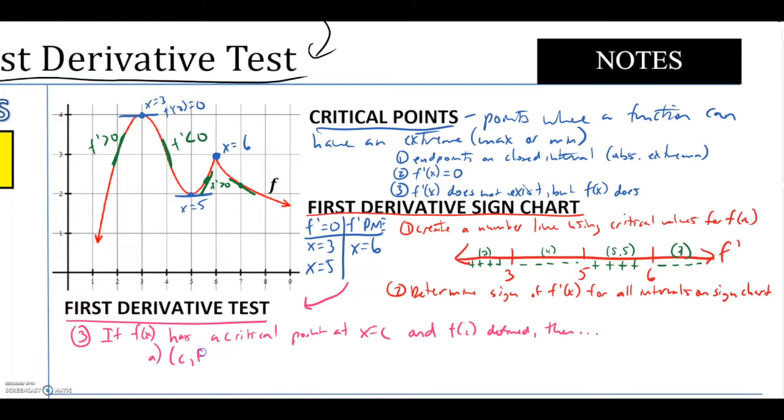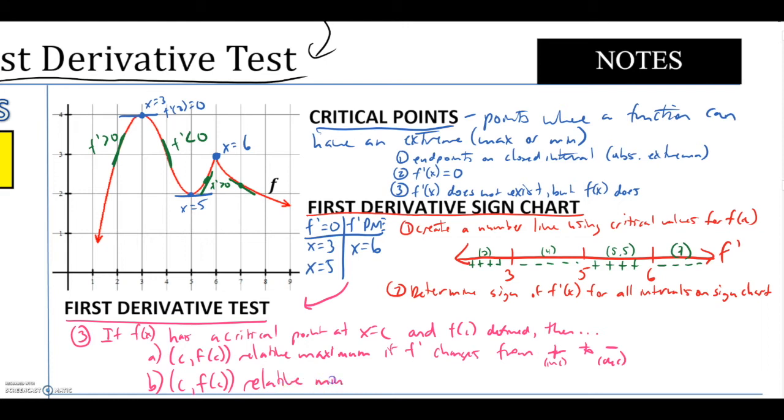1, this f of c is a relative maximum if f prime changes from positive, increasing, to negative, decreasing, or 2, f of c is a relative minimum if f prime changes from negative, so our function is decreasing, to positive, increasing.